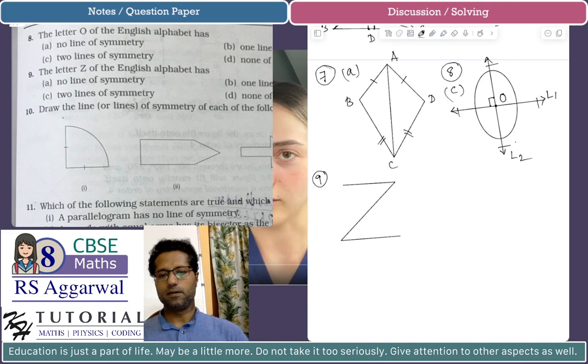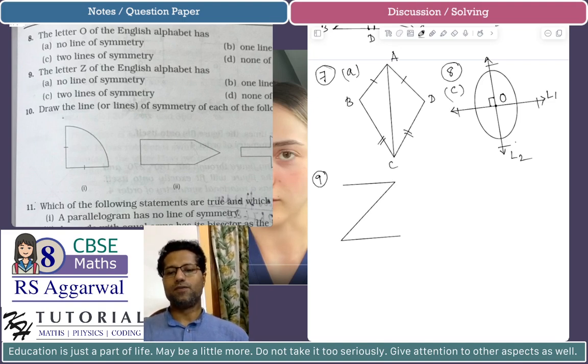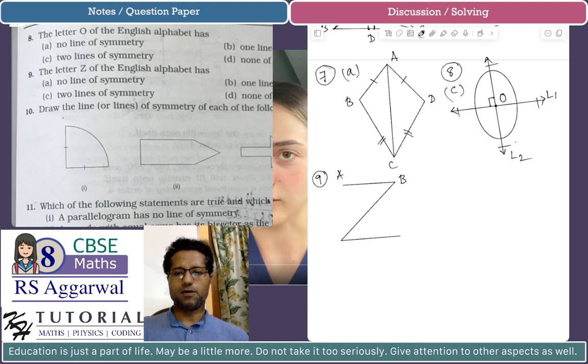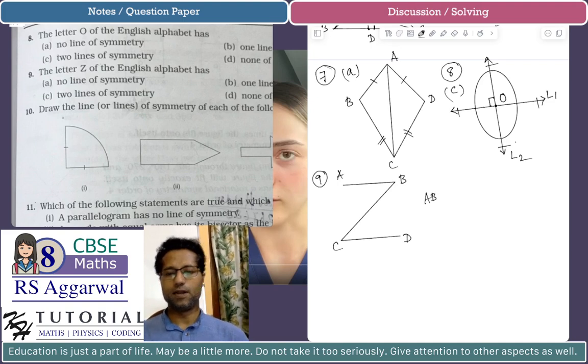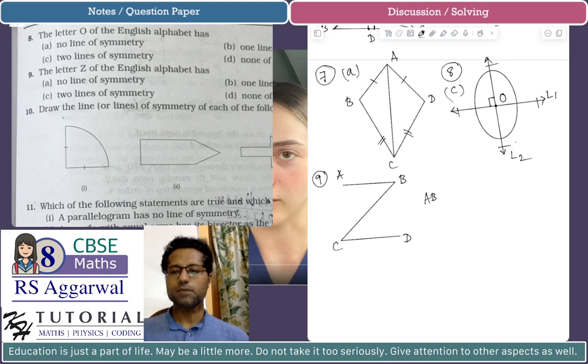What is a Z? We have two parallel sides. Let's say the Z is ABCD. AB is parallel to CD. If we analyze how the letter Z is produced, segment AB is parallel to CD.